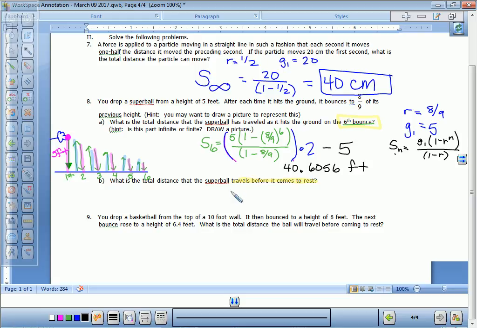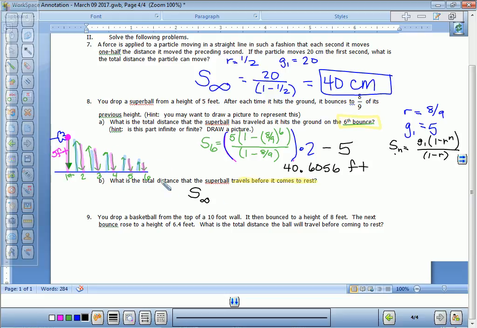So, the next one is before it comes to rest. So it's the same idea, except we're doing the ball as many times as it bounces. It still only counts the downs.